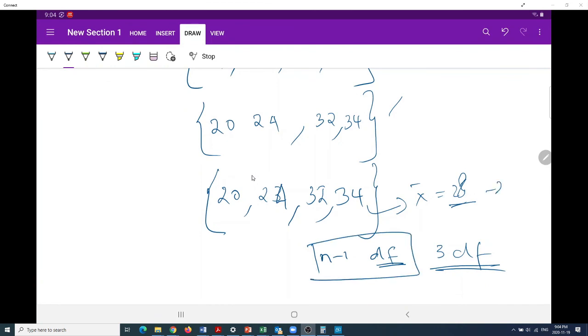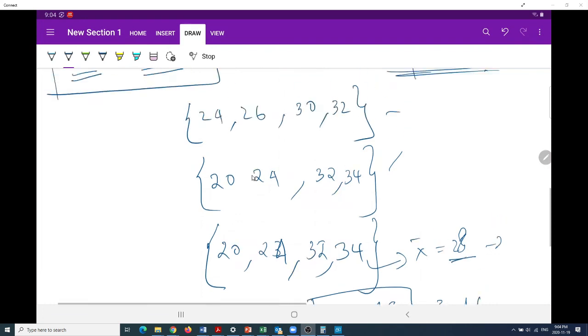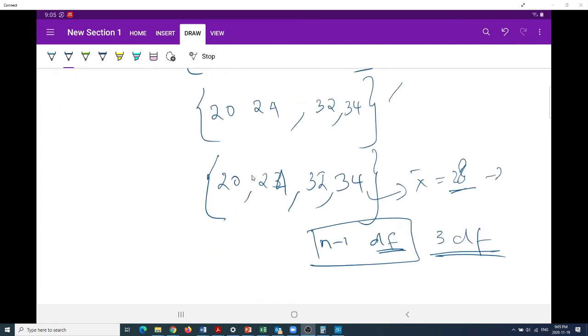Since you already know the sample mean, whenever you're concerned about degrees of freedom for the sample variance, your number of parameters are always restricted at n minus 1.